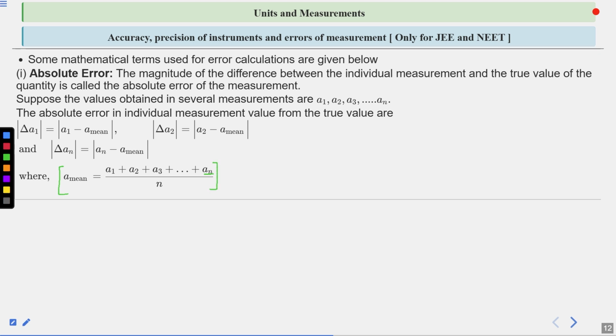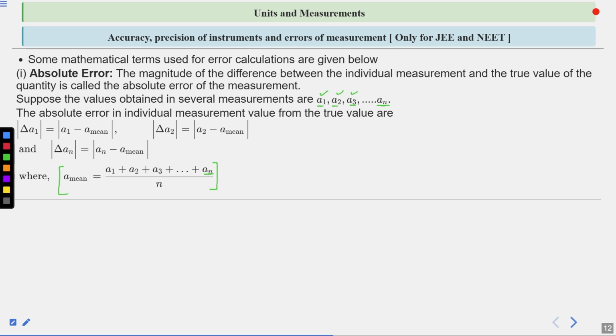Here we have measurement values A1, A2, A3 and An. How many values? There are n values: A1, A2, A3, A4, A5 and so on. So we consider n values, a total of n measurements here.